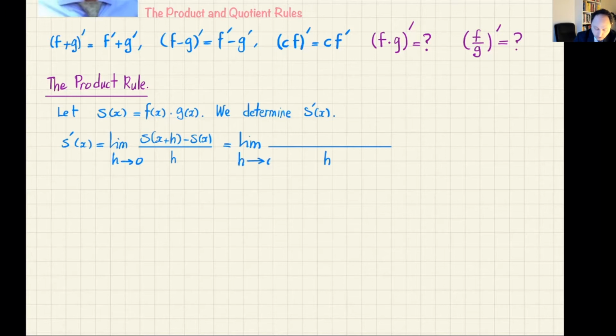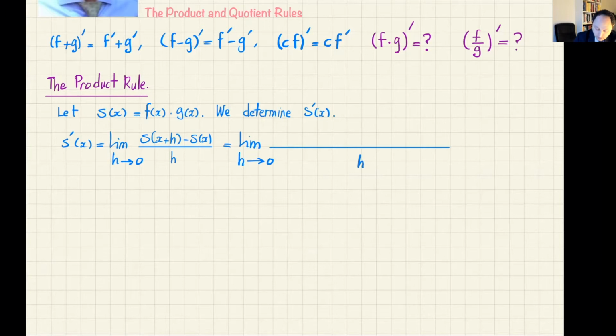And then I have a negative sign here. S of x is just a product, so I just write the product. And then what is S of x plus h? I think I need to expand this a little bit, so let me make it a little bit bigger.